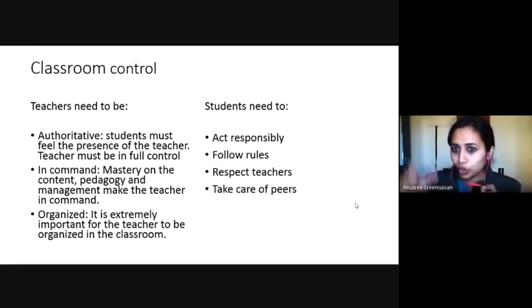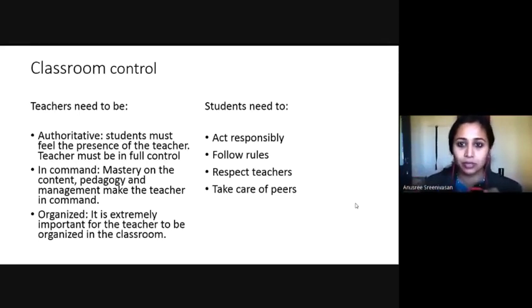But take it in the sense that if we have to manage a classroom, there should be some kind of control in it. So the teachers need to be authoritative in the class. That means the students should know that there is a teacher here and we should listen to the teacher.